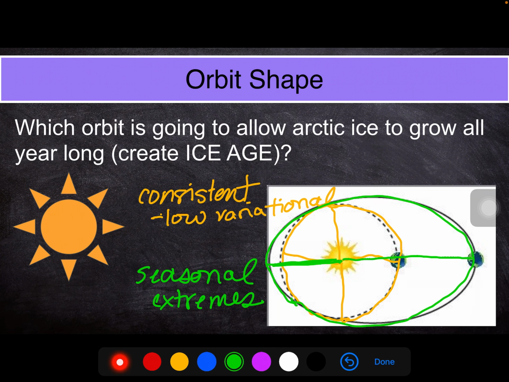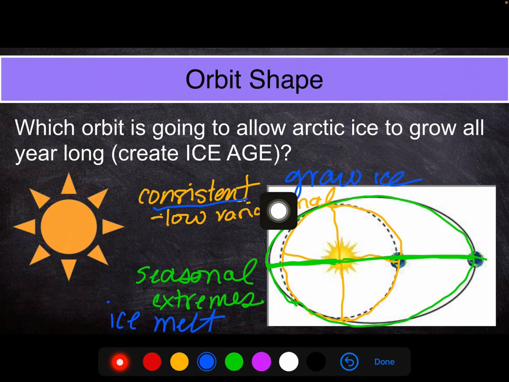So we're thinking about the close distances being warmer, the far distances being cooler, and allowing that Arctic ice to really melt away during those warmer months. When we're more consistent in that circular orbit, that's the time we typically see the ice able to grow or stick around. Because of the consistency of the temperatures, it doesn't melt away, it retains or begins to grow.